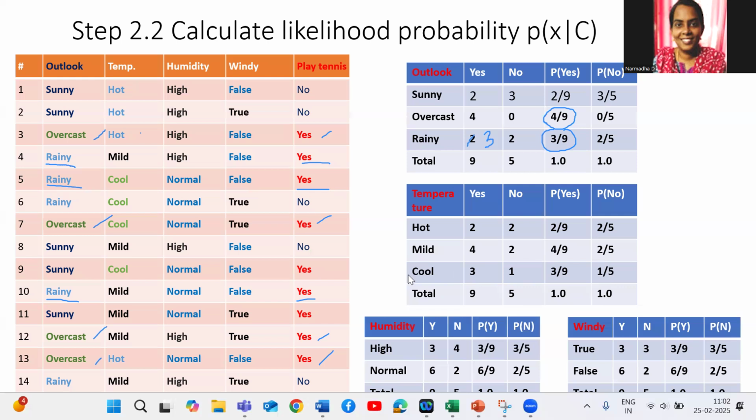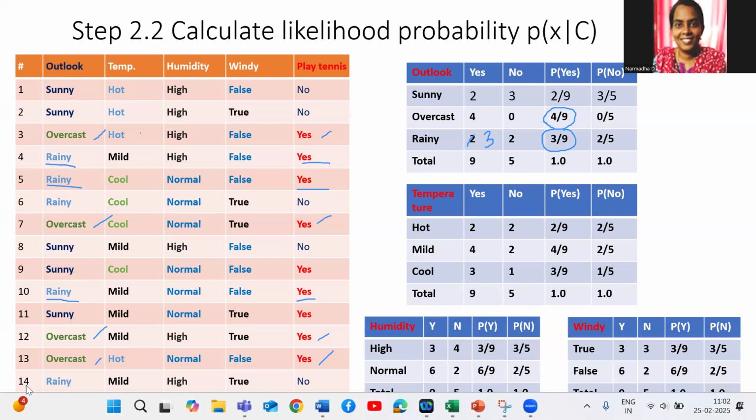Similarly for the humidity feature, it is high and normal. When it is high, it is 3 by 9, and you can even observe this.